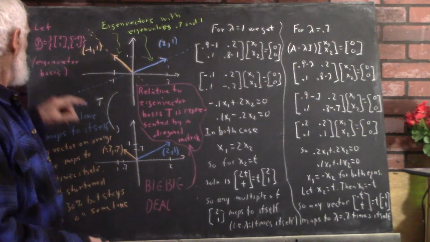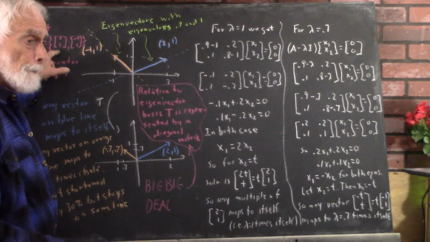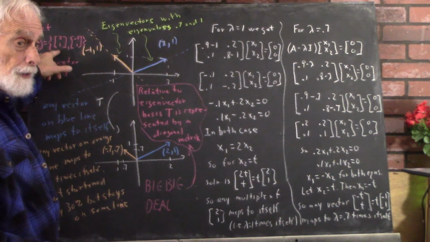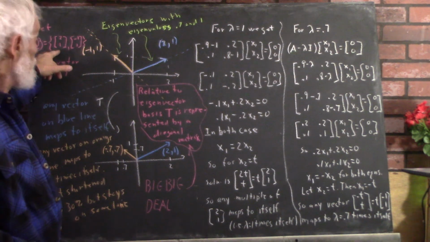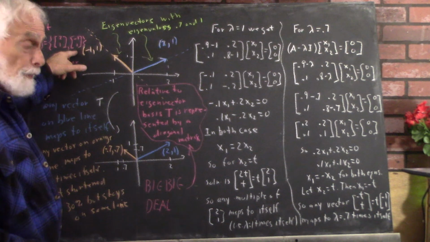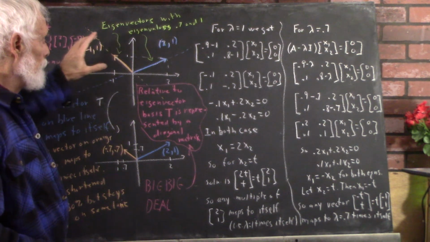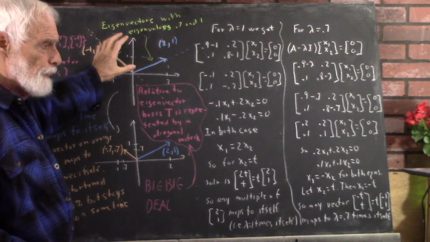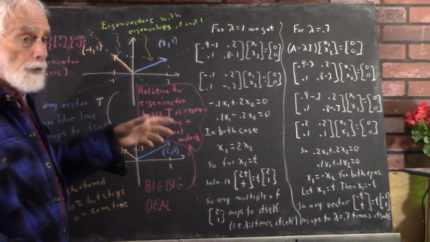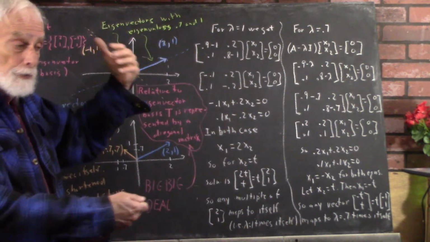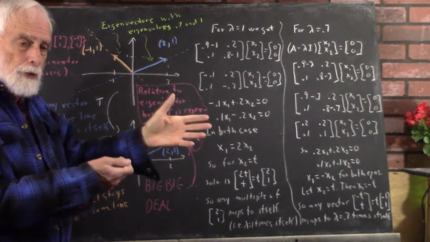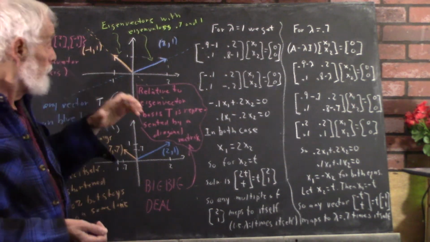You could also do an orthonormal basis just by dividing this vector by its magnitude, which is the square root of 5, and dividing this one by its magnitude, which is the square root of 2. So if you have an eigenvector basis for a space, and you don't always, the total rotation matrix won't map anything onto its own direction. Okay?